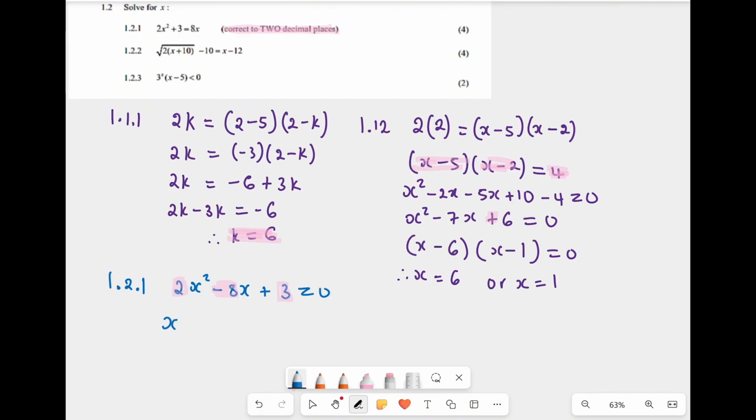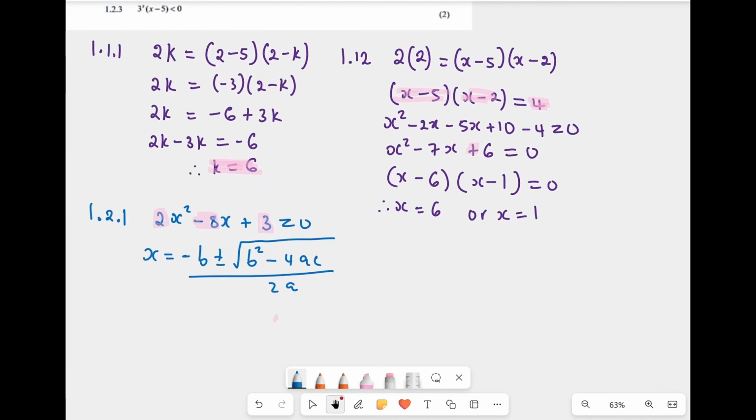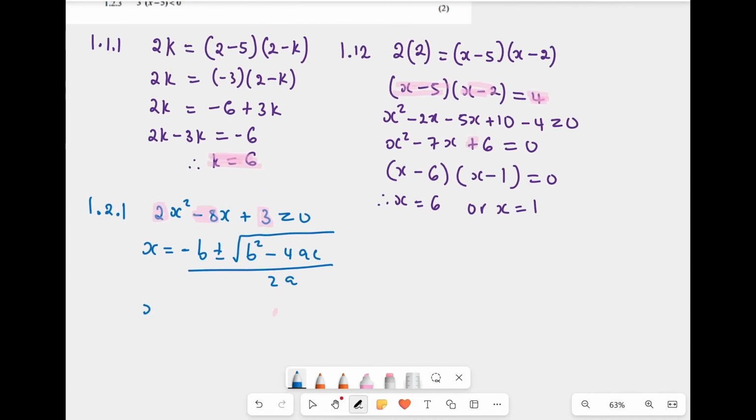So we have x is equal to minus b plus or minus square root of b squared minus 4ac all divided by 2a. Now substitution, so x is equal to minus our b, which is negative 8, and then plus or minus we have root, and then we have our b, which is negative 8 all squared minus 4.